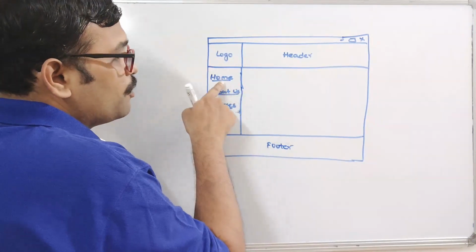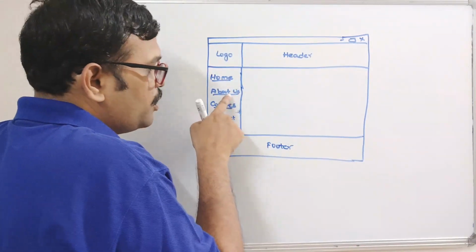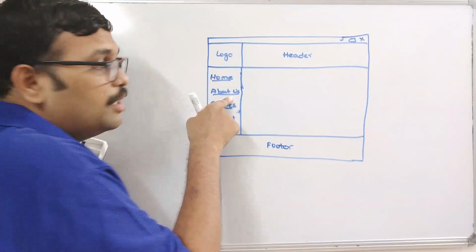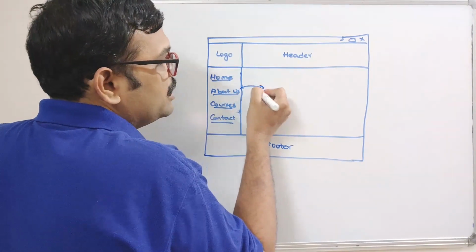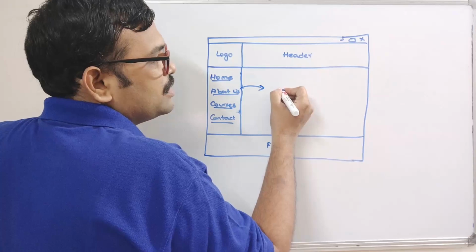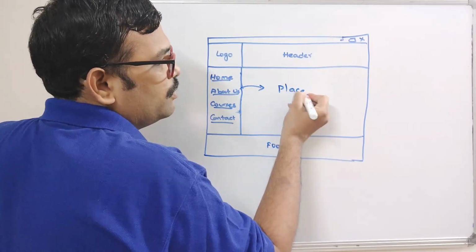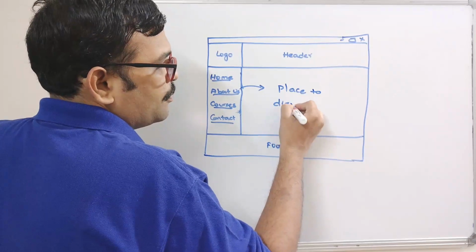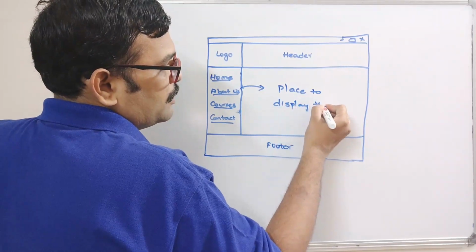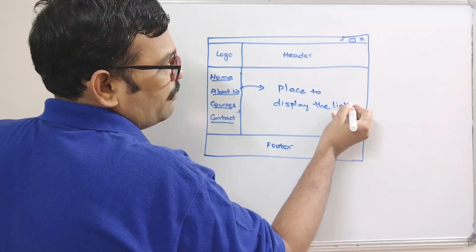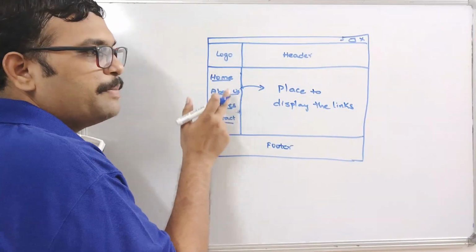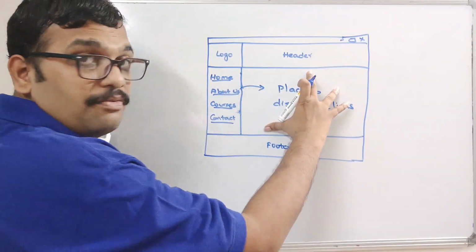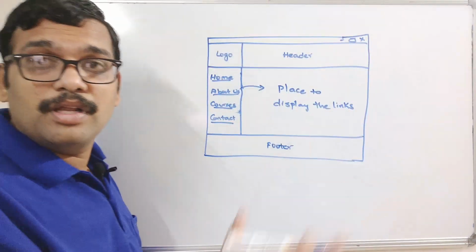Whenever you click on this home, or on any menu item, that page should be displayed in this place. This is the place where we have to display the links. So whenever you click on a link, the page should be displayed in this frame itself. It should not redirect to a new frame.